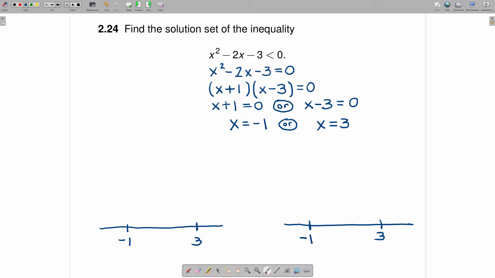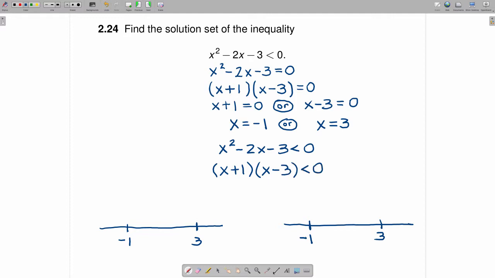So using our factorization, I'm going to rewrite the original inequality, x squared minus 2x minus 3 is less than 0, as x plus 1 multiplied by x minus 3 is less than 0.